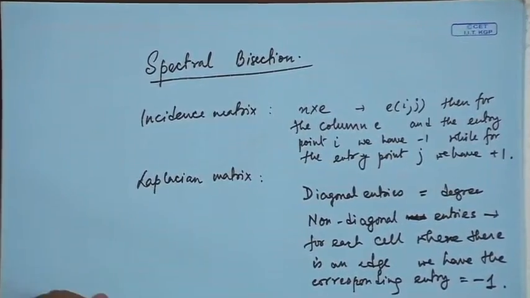So, that is how we define the two basic matrices, the incidence matrix as well as the Laplacian matrix. Now we will take an example and see how these two matrices are constructed given an undirected graph. Let us take a very simple example and start.